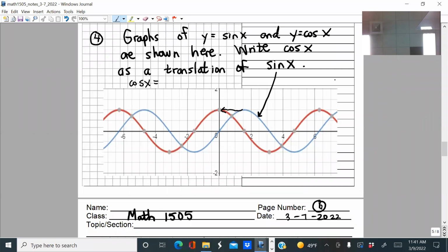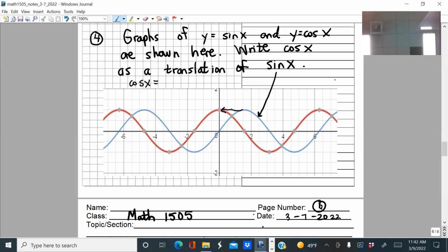So how do you achieve a shift to the left? What do you add to x? We're going to add some constant to x. We just have to figure out what that appropriate constant is. In other words, how much is this amount in this picture here?